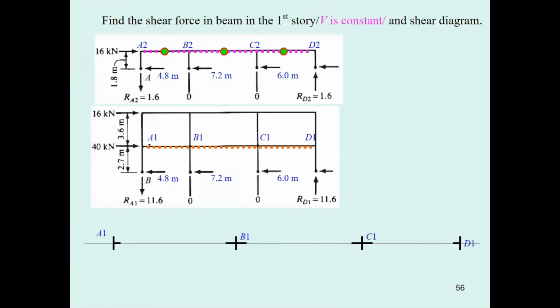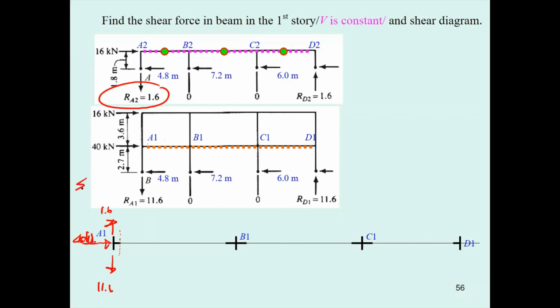Now we consider the orange dashed one. This 1.6 will provide the upward force, and this 11.6 will provide the downward force, and we need to determine the shear over here. You may consider only the vertical force, even though this one has the 40 kilonewton.